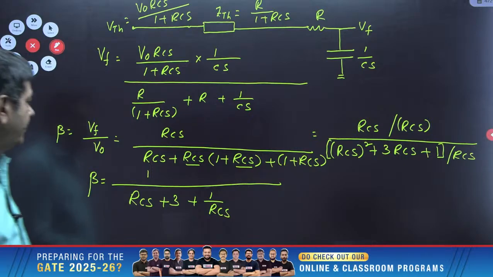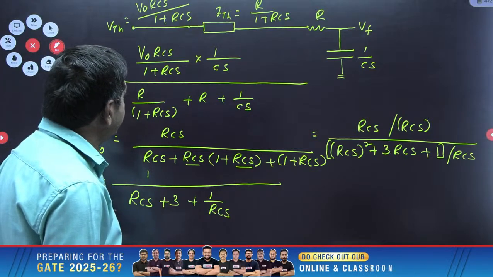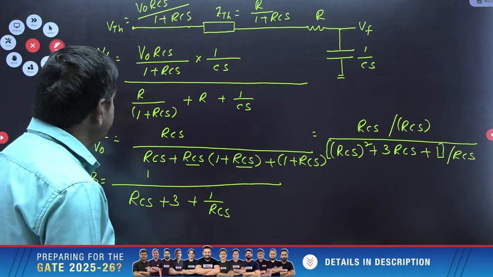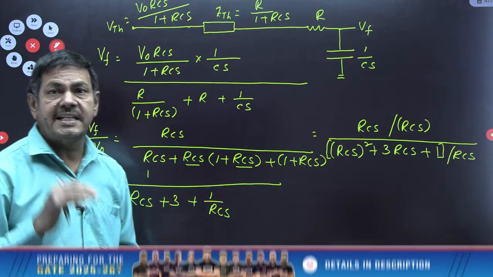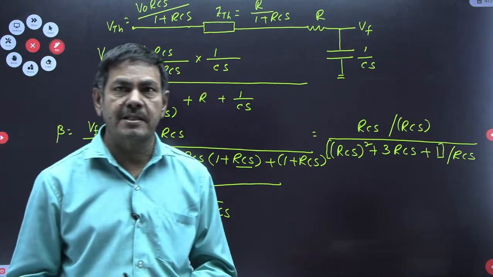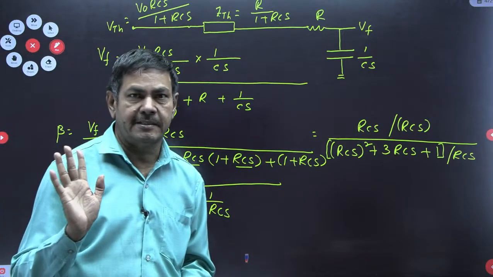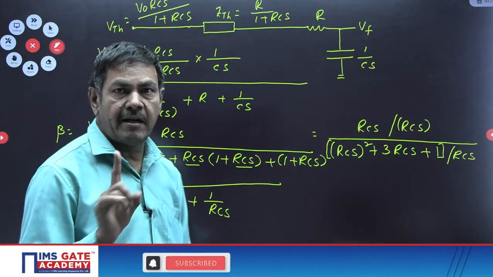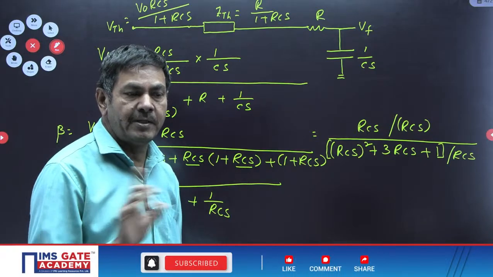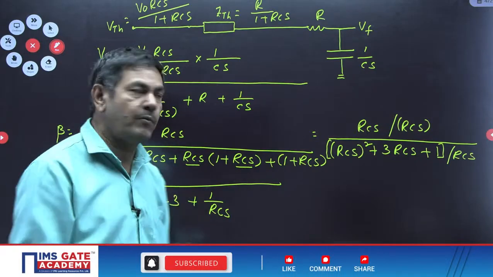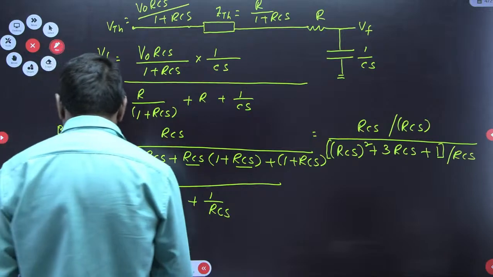This is the beta value. Here my aim is, the sustained oscillations are available from this oscillator. Sustained oscillations means we must apply the Barkhausen condition, that is A beta equal to 1 is applicable here now. By using that condition only we are going to get the required results.